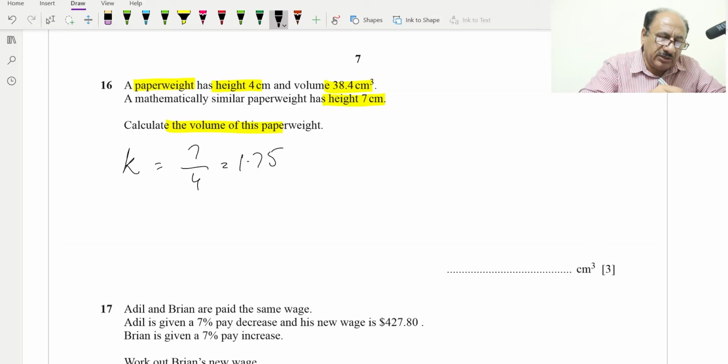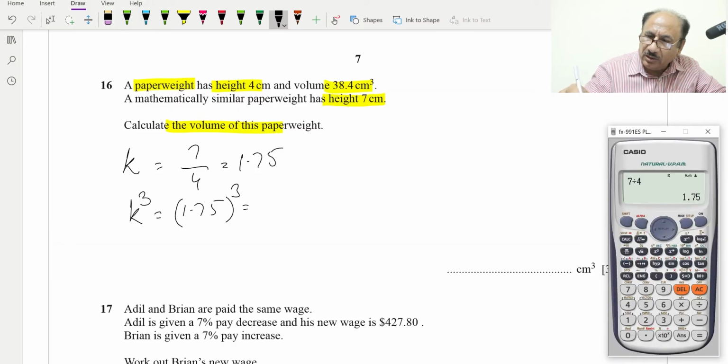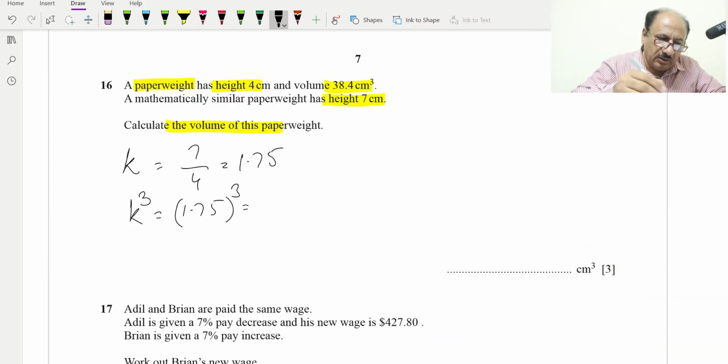So this is the multiplying factor, but for the volume we have to take k cubed, so this will be 1.75 cubed. I'll keep 1.75 cubed as it is, and now this will be multiplied for the volume.